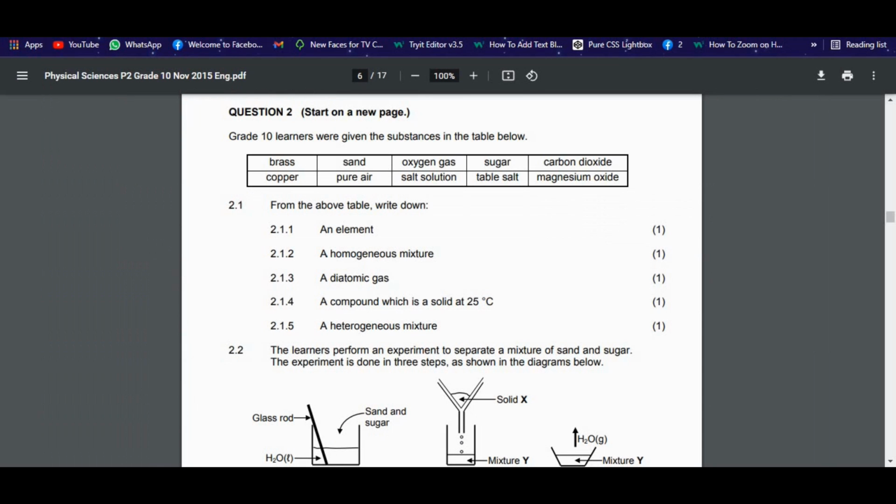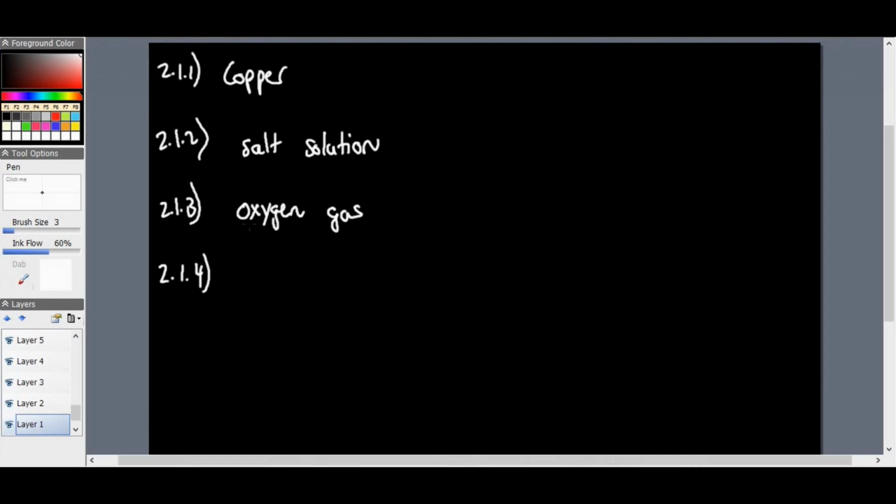Right. 2.1.4, a compound which is a solid at 25 degrees Celsius. Now there's more than one here, which I'll also write down all three in case you didn't know. Magnesium oxide is a solid at 25 degrees Celsius. Table salt.